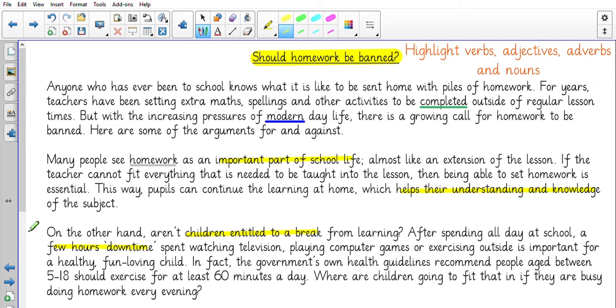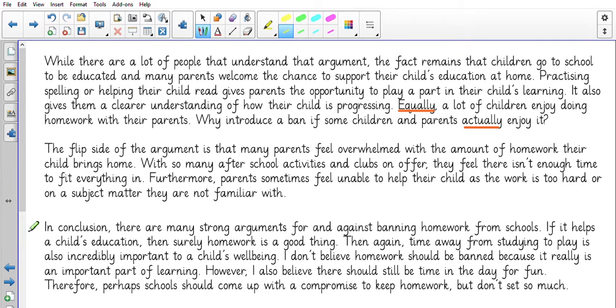After spending all day at school, a few hours downtime spent watching television, playing computer games or exercising outside is important for a healthy, fun-loving child. In fact, the government's own health guidelines recommend people aged between 5 to 18 should exercise for at least 60 minutes a day. Where are children going to fit that in if they are busy doing homework every evening?